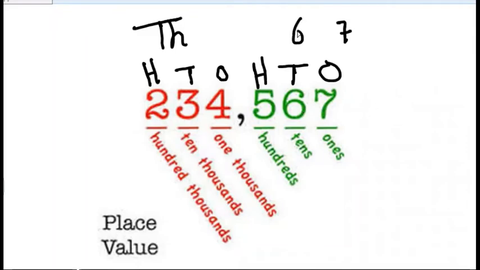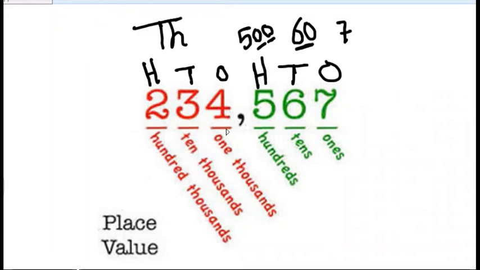Just 1 zero. So 6 tens equal 60. Okay, what about 5 hundreds? 5 hundreds is 500. Can you tell me how many zeros any digit in the hundreds has? It's 2 zeros, so it's 5 hundreds with 2 zeros.